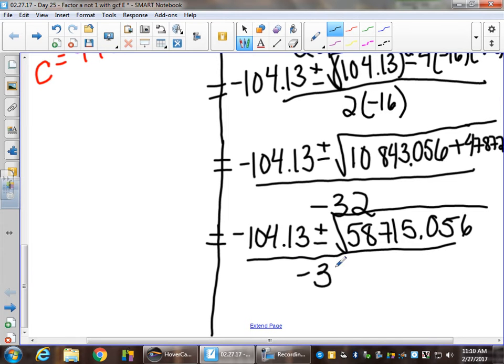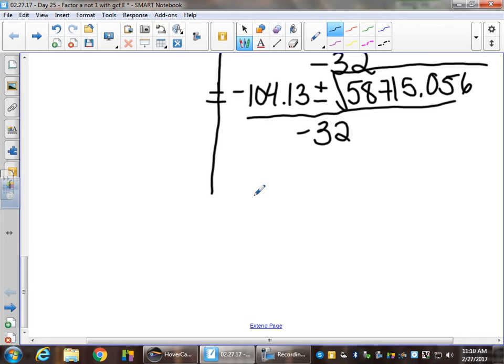Now square root that and tell me what you get. What did you get, Mike? 58,700. Yep, that's what I got. So now square root that and tell me what you get. Me too.